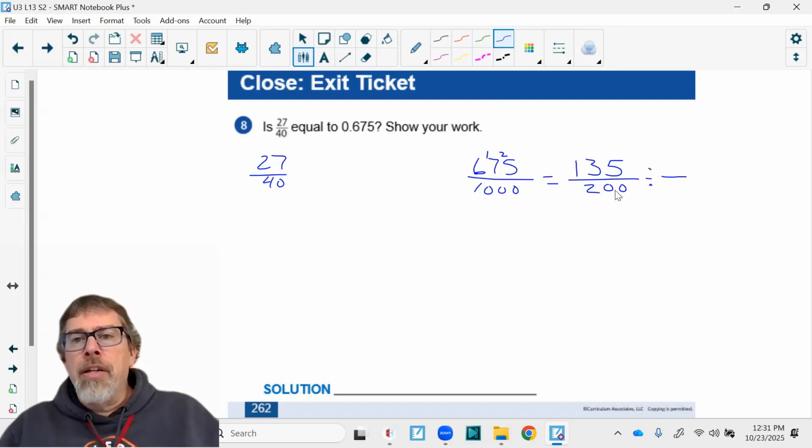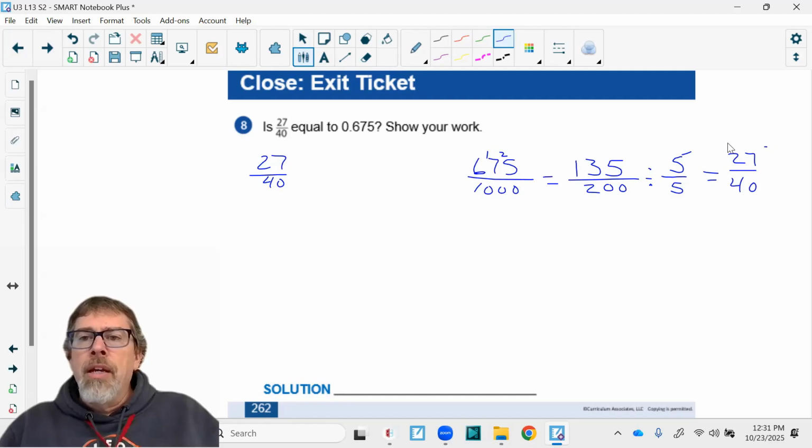So I ask myself, can I divide 200 by something and get 40? Well, sure. Will 40 go into 200? Yeah, 5 times. Okay, so if I'm going to divide by 5 and divide by 5, 5 goes into 13 twice with a remainder of 3. 5 goes into 35 7 times, and look what it reduced down to.